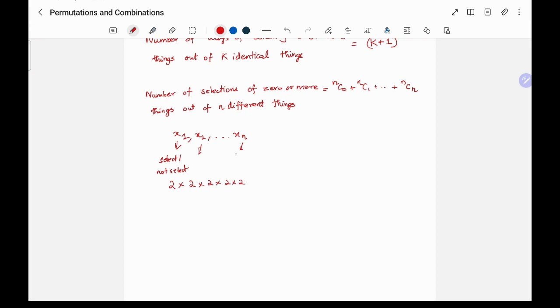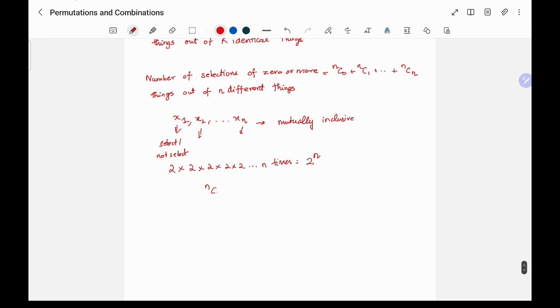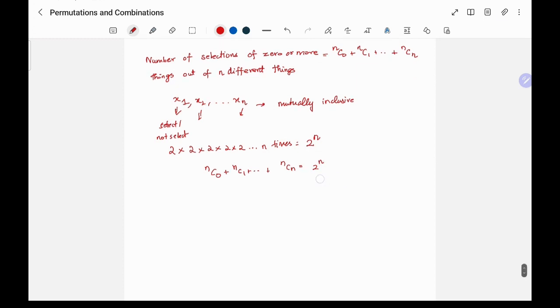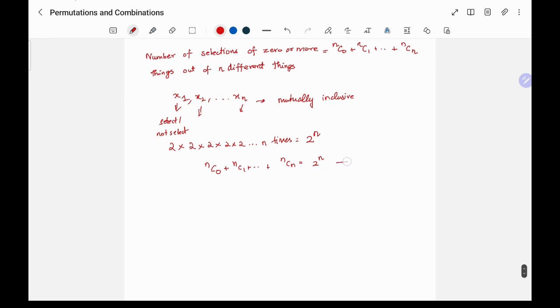Again, why am I multiplying? They are not mutually exclusive, so that is also called mutually inclusive, so I multiply it. How many times does it come? n times. So what will it be equal to? 2 power n. So you can see nC0 plus nC1 up to nCn is equal to 2 power n. Okay, so this is something important.